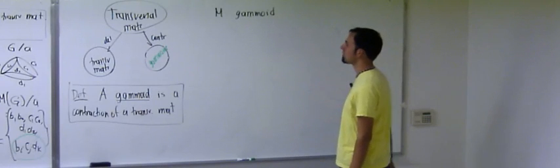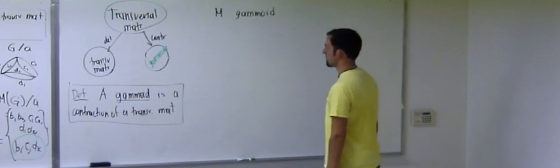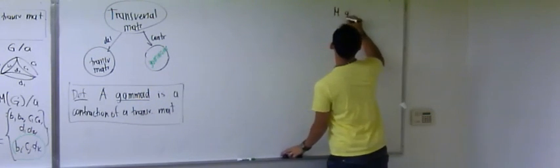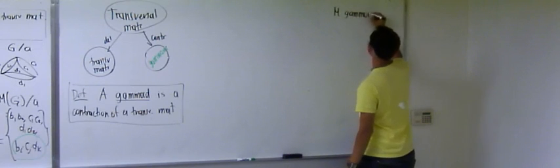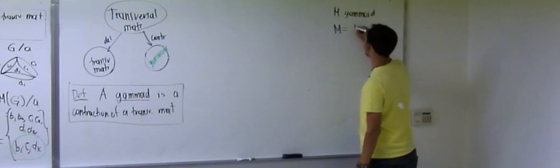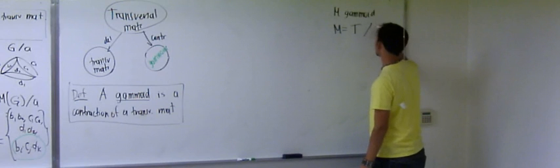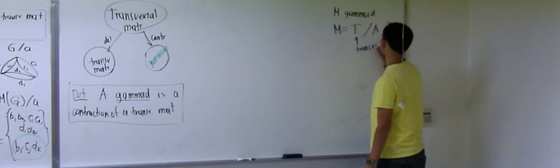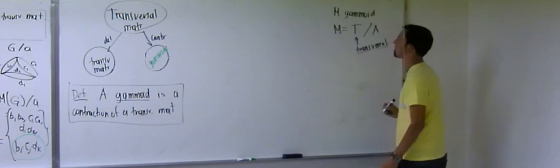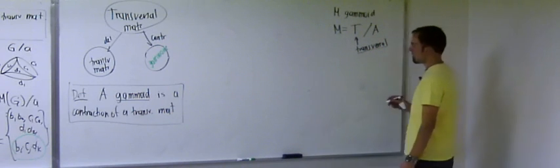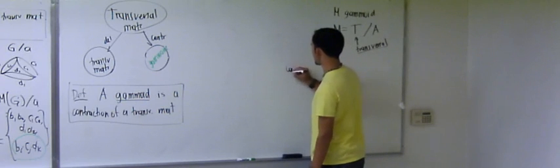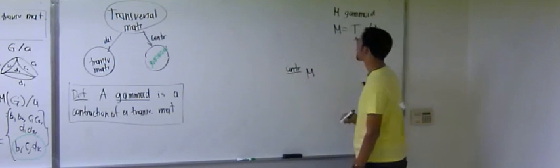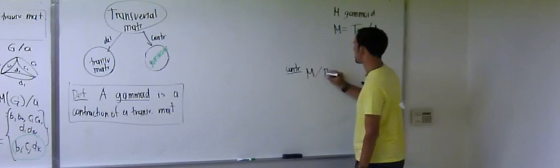Start with a gammoid. That means that M is a transversal matroid with something contracted. What happens when you take your matroid and you contract something?